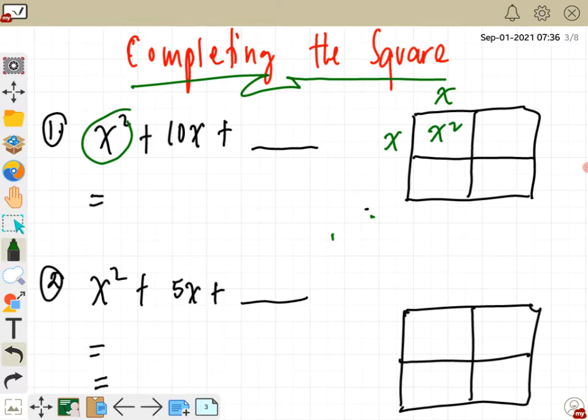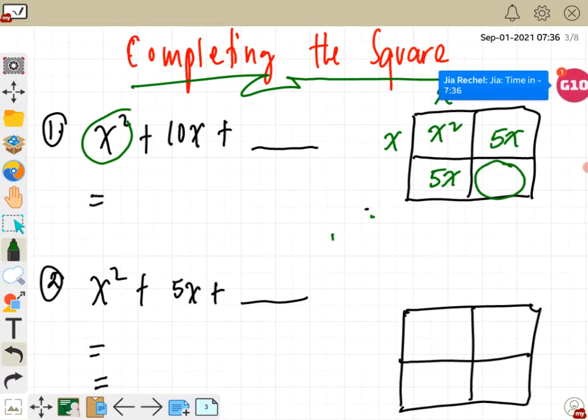Now 10x must be evenly distributed in these two spaces here. If we divide it by 2, you have 5x and 5x. So the question is, what must be here? And that is the blank.